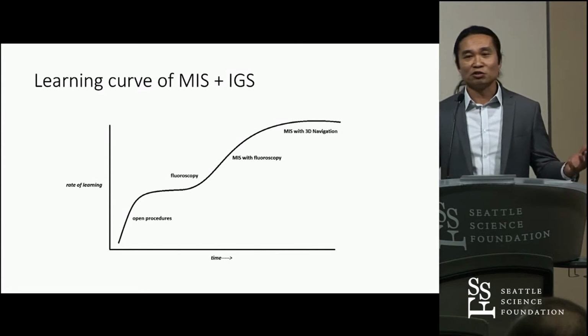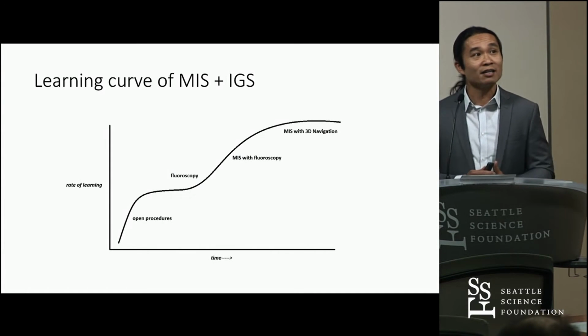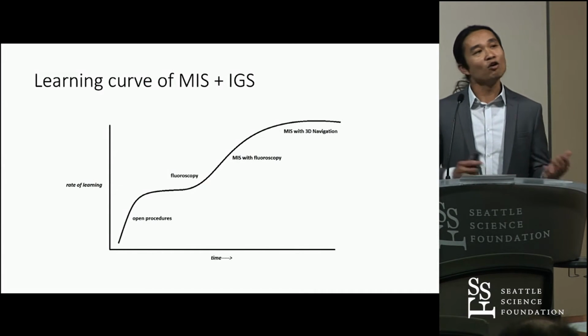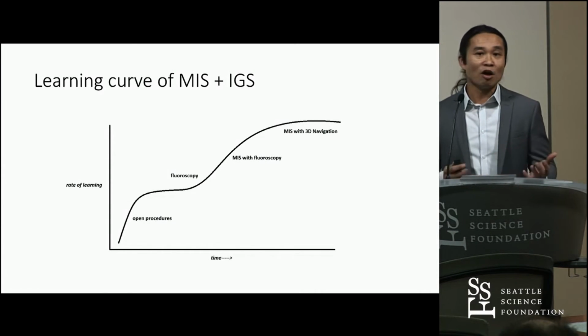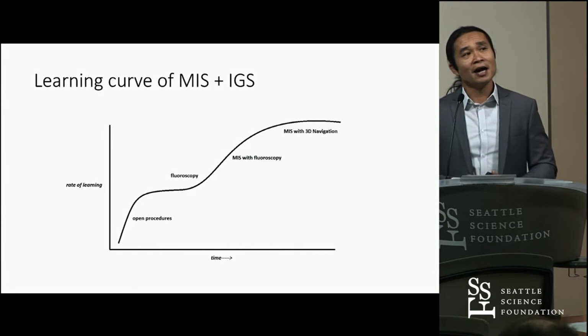When we're all in training, we want to do things open and freehand, and then we implement things like fluoroscopy. And then over time, you're trying to think about smaller and smaller incisions and less muscle disruption.